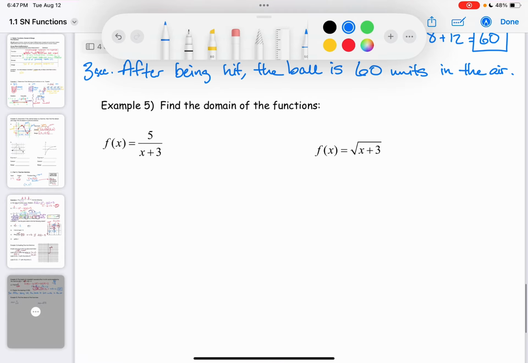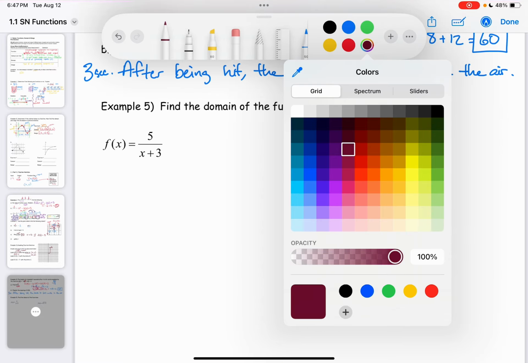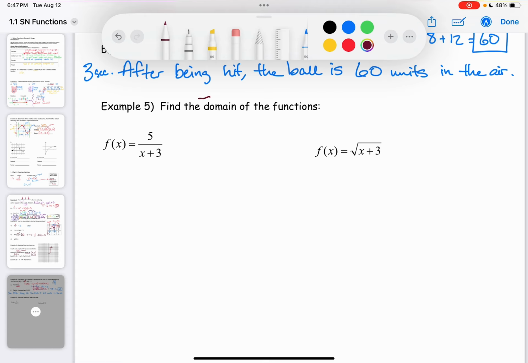Now, almost done. Finding domain. These are 2 times that you will really want to look for trouble. Because there's some math rules that these could be breaking.